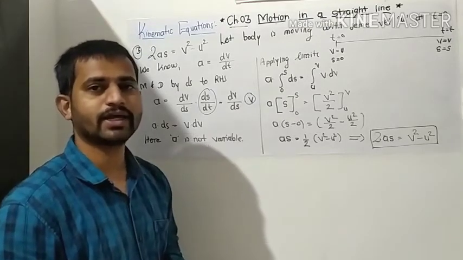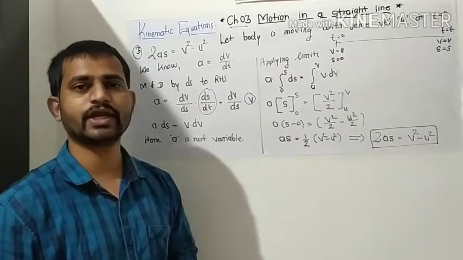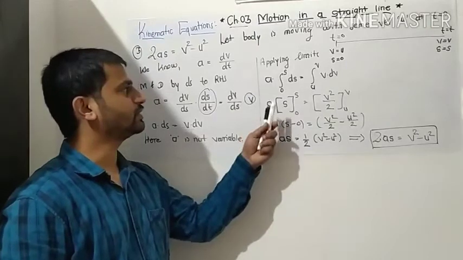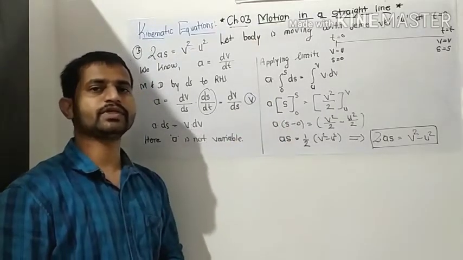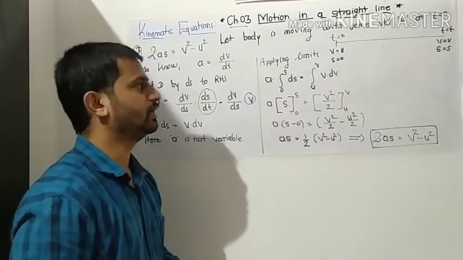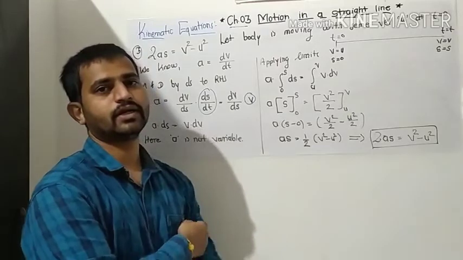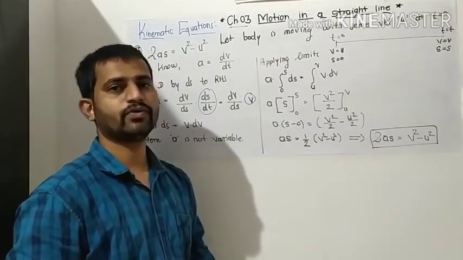And how can we apply the limits here? For applying the limits, we have to consider which values are the variables. As the acceleration is not a variable here, we consider a times the integration from 0 to s of ds, and the limits for the velocity are u to v for the term v dv. Now we take the integration.